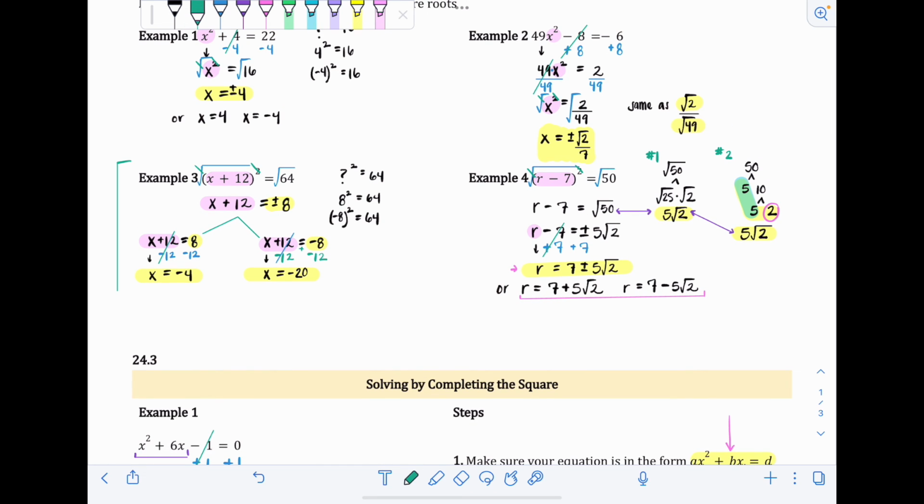We took the square root of 64, and we ended up with this: x plus 12 is equal to positive or negative 8. So when the radical fully simplified and we didn't have any more radical, we had to create two different equations because it could be fully simplified, versus if you have a radical, you can't really add it, like in this case with the 12 or the negative 12 and so on.